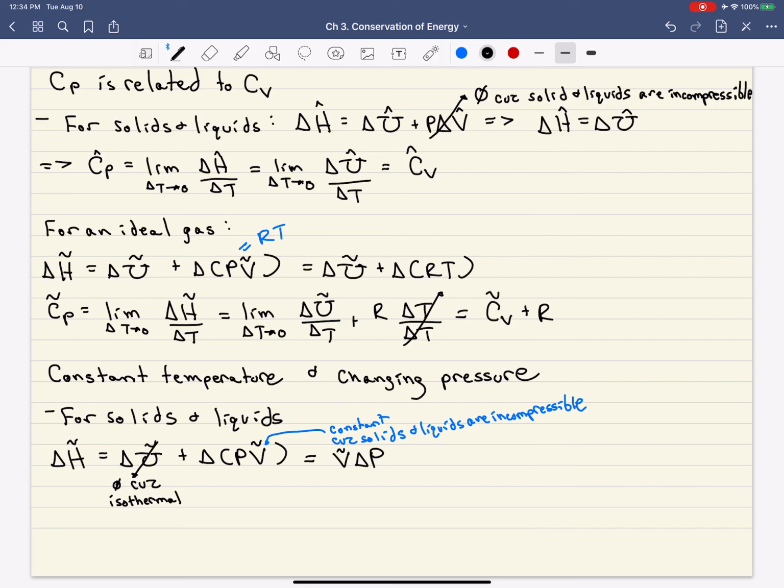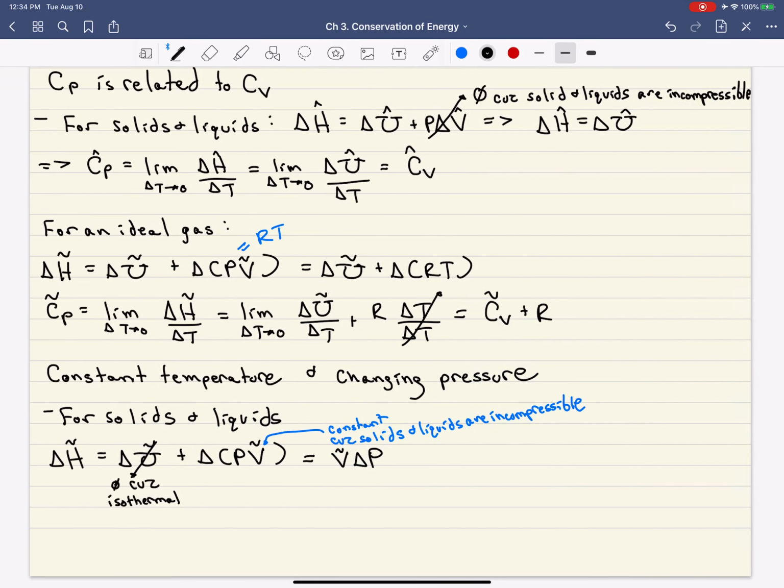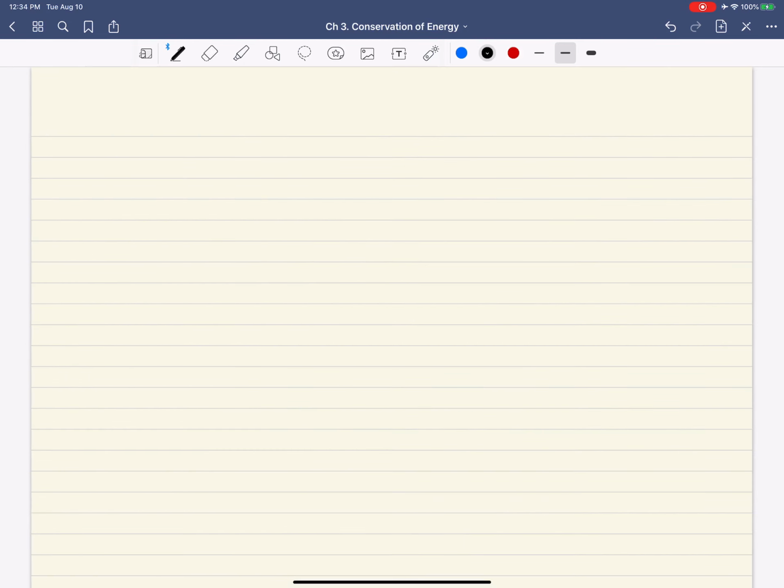But what if we're dealing with an ideal gas? How does this analysis change? So for an ideal gas, we once again have delta H is equal to delta U plus delta PV. Should be more of a tilde here. So for a constant temperature and changing pressure system, delta U once again is going to be 0 because it's isothermal.